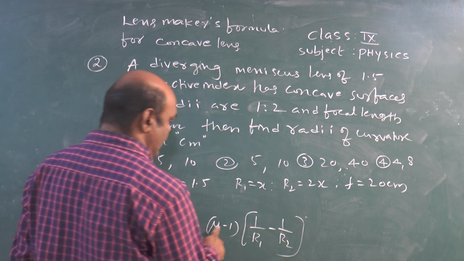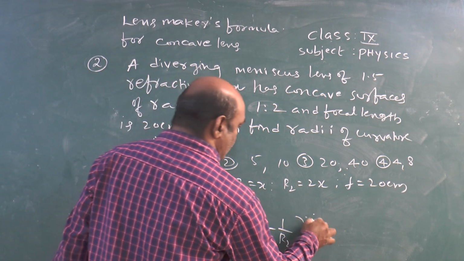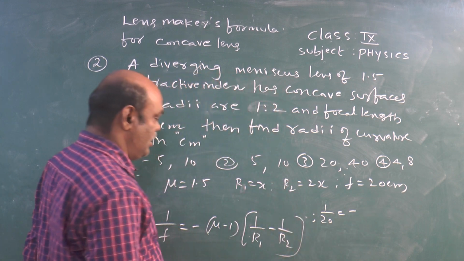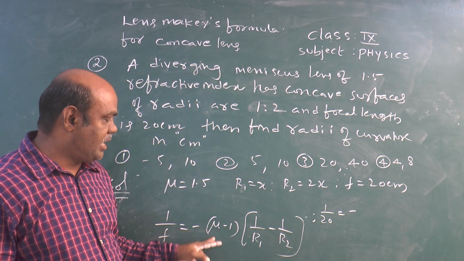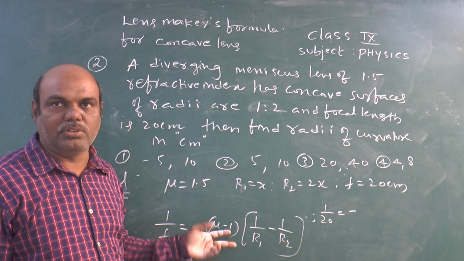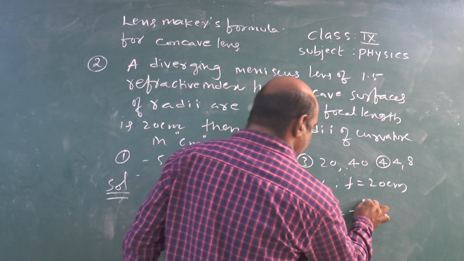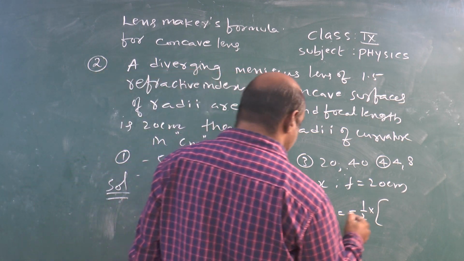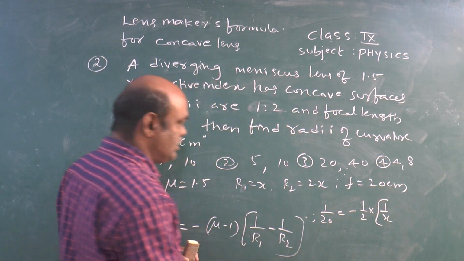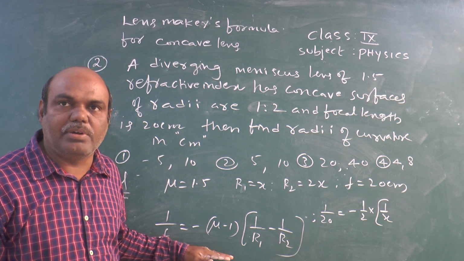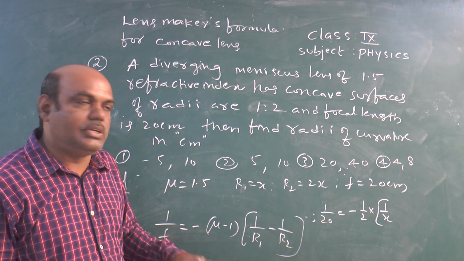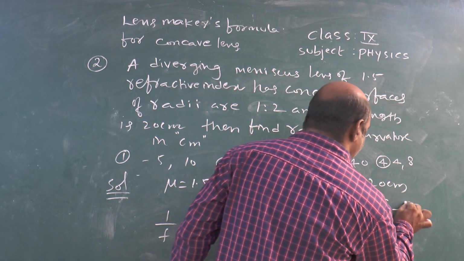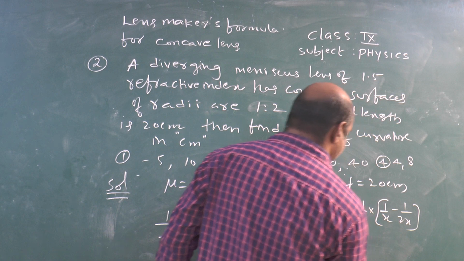Okay, substitute the values in this formula. So what we will get, 1 by 20 equal to minus, mu minus 1, so 1.5 minus 1, 0.5, we can write 1 by 2, into 1 by R1. So here after sign convention only, this is the formula for diverging meniscus. So again no need to take sign conventions here. 1 by x minus 1 by 2x.